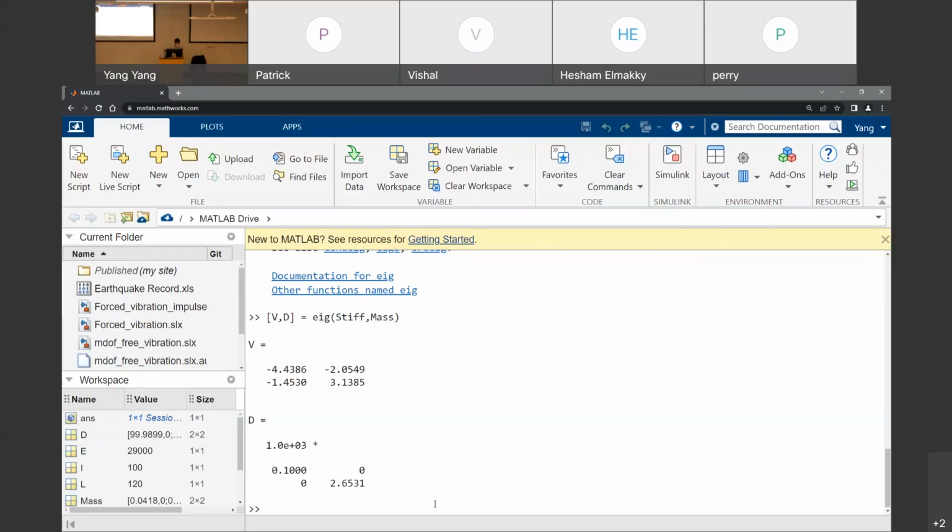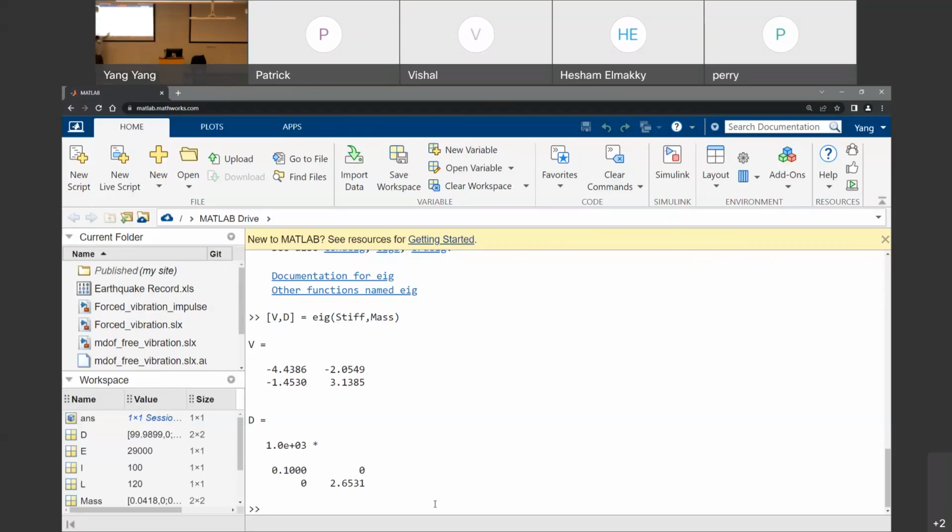That's a little bit different from what we have. Actually, let's first take a look at the natural frequencies here. Please keep in mind that eigenvalues are the square of the natural frequency.